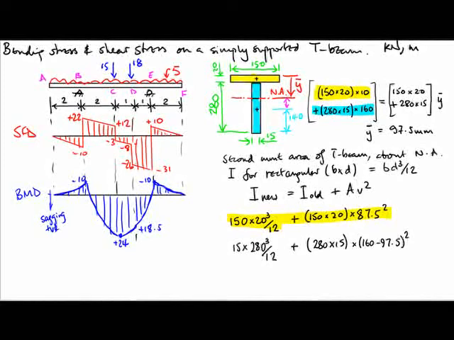So this is the second moment of area for the blue block bending about the neutral axis.